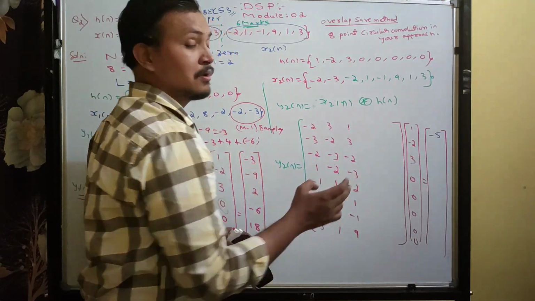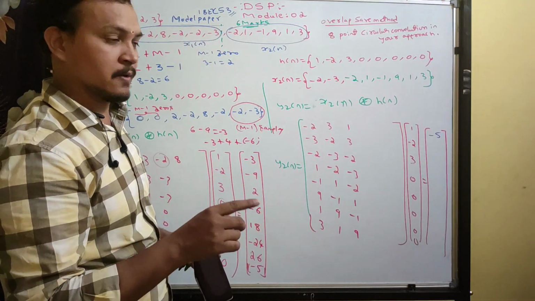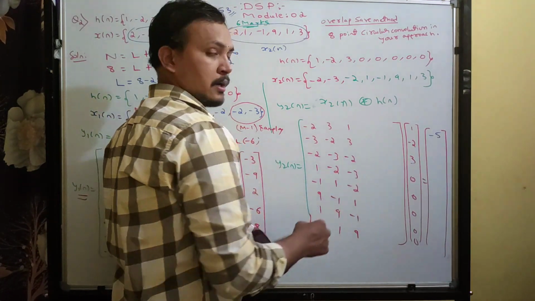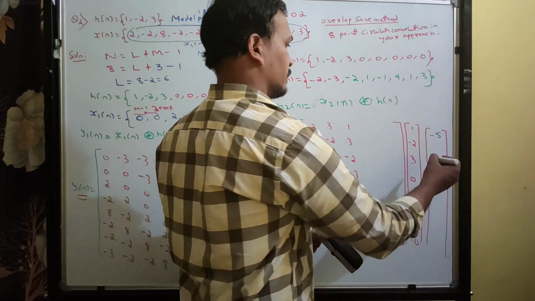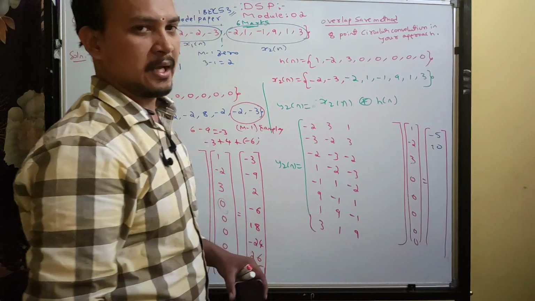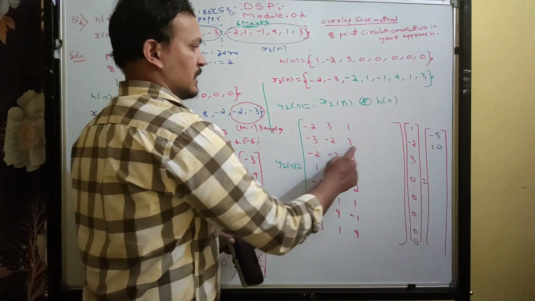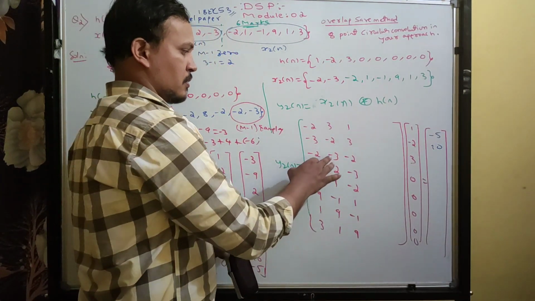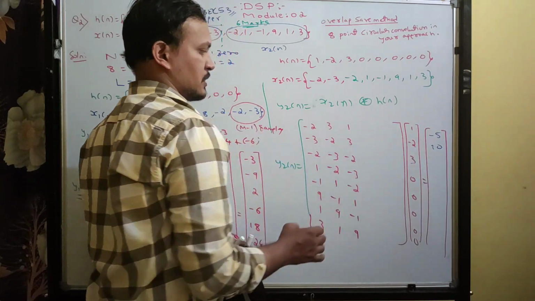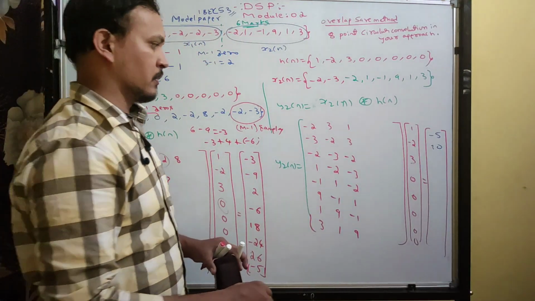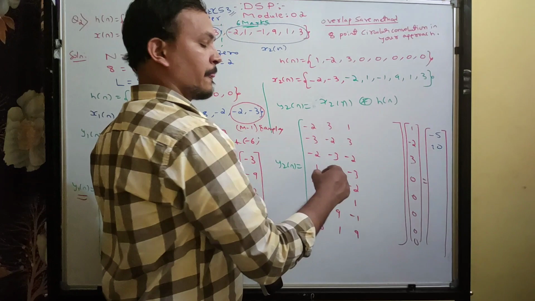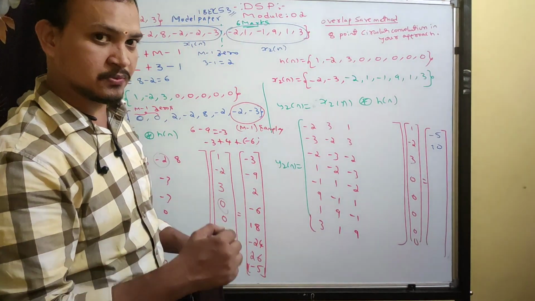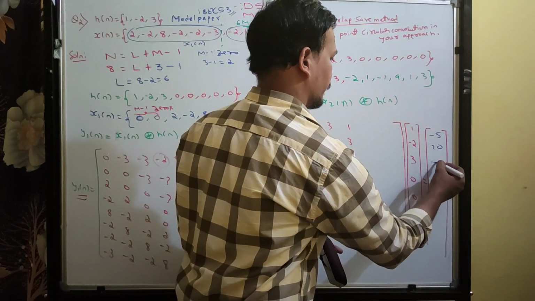Minus 2 into minus 2, plus 4. Plus 4 minus 3, 1. 3 into 3, 9. 9 plus 1, 10. Okay, 10. Next, minus 2 into 1, minus 2. Minus into minus plus, 3 twos are 6, 6 minus 2, 4. Minus 2 into 3, 6. Minus 6 plus 4, minus 2.